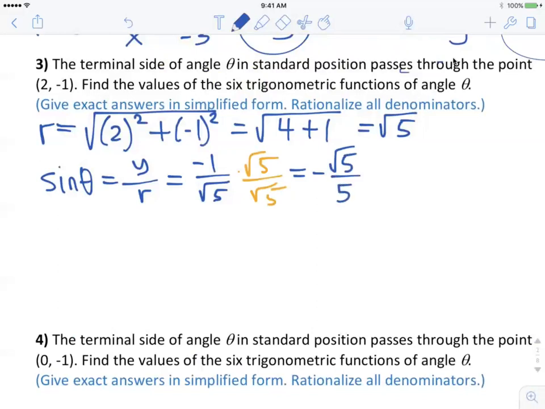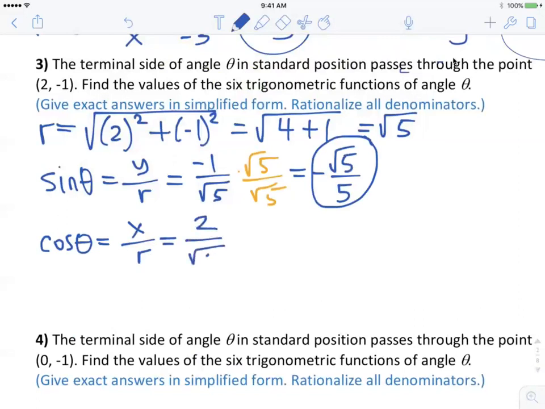Circle it. It's got to be right. Cosine theta, x over r. X is 2, r is square root of 5. Rationalizing the same way, multiplying by √5 over √5, 2√5 over 5.